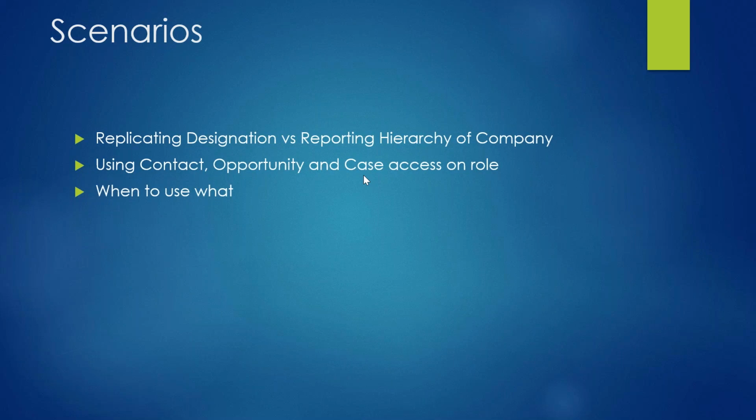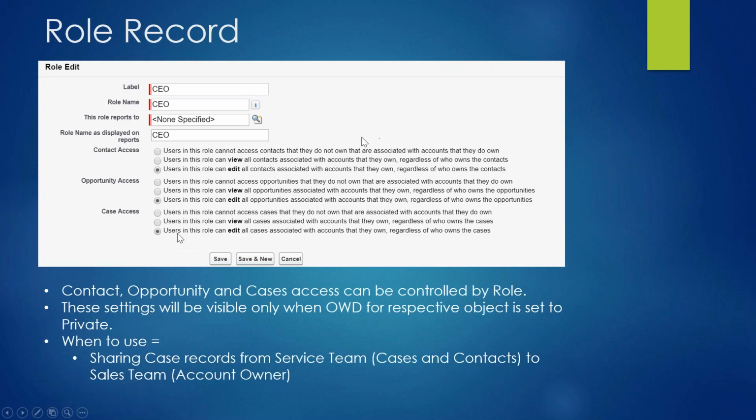So what we have done is set the case access to case with view all. What I'm talking about is this specific option. A user in this role can edit all the cases associated with the accounts that they own. This is what we are using, because it gives us more flexibility than creating sharing rules.